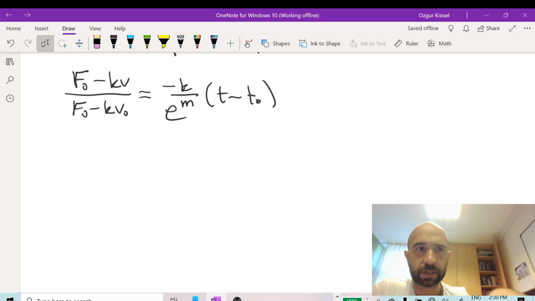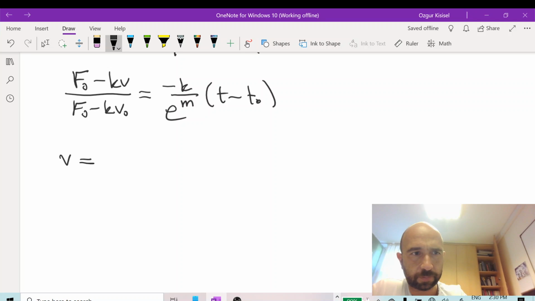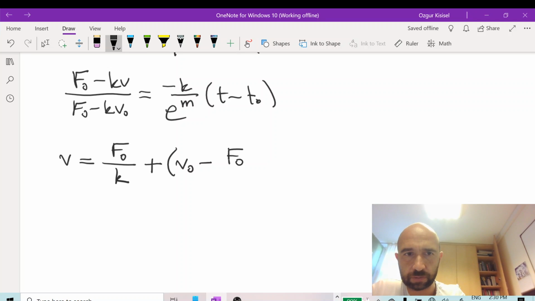And from here is some arithmetic to solve for v. Let me write the final answer. Please check it yourself as well. Should be F0 over k plus v0 minus F0 over k times this decaying exponential.